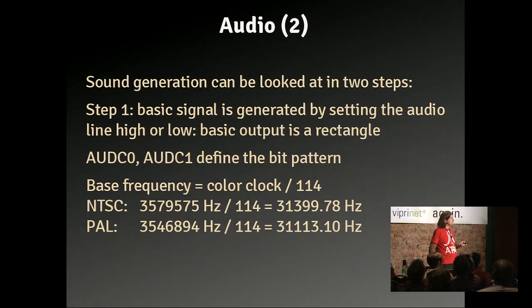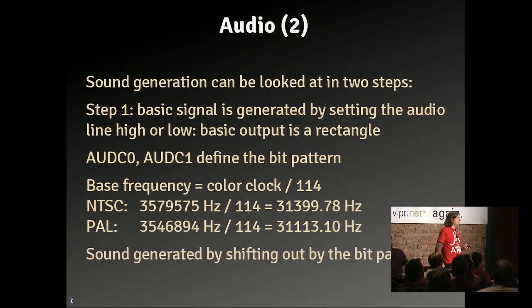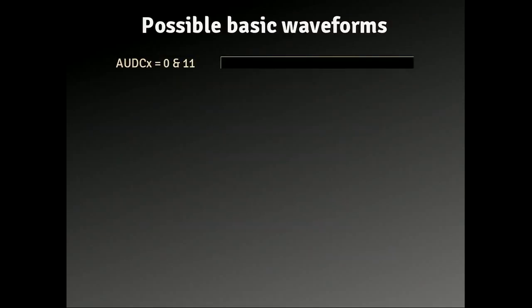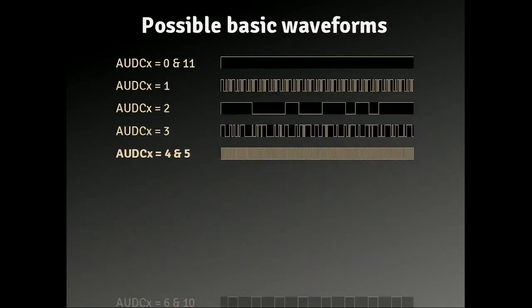And there are also patterns that are reused inside the chip, but with a different clock, or with a different base frequency. What's being done is that you've got a rectangular signal that gets shifted out bit by bit. So let's take a look at all the possible waveforms.